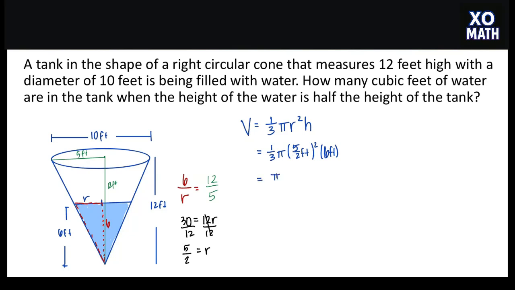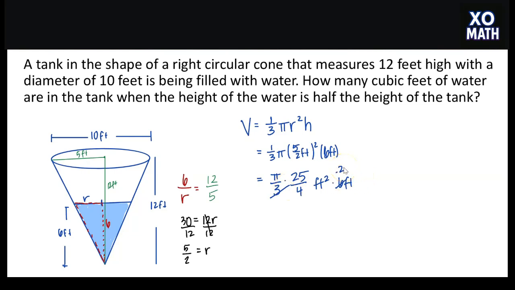And then let's get multiplying here. So I'm going to leave this as pi over 3. I'm going to square 5 halves, which is 25 over 4. Square the numerator and denominator. I'm going to square feet, so feet squared, and then times that 6 feet. So now I can simplify the 6 divided by 3. That's going to give me a 2.